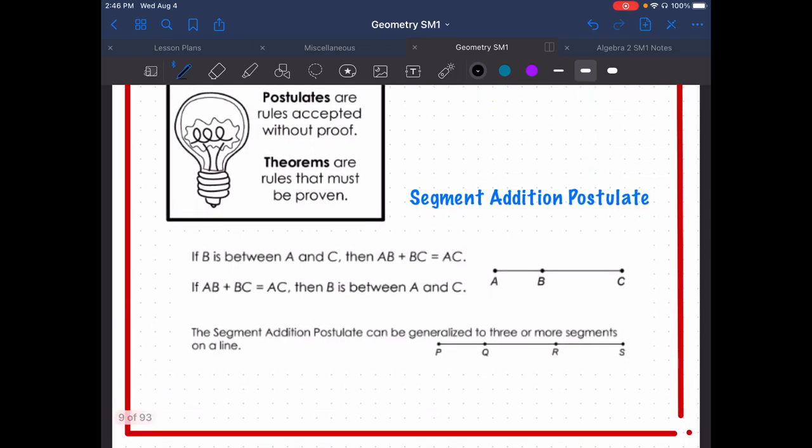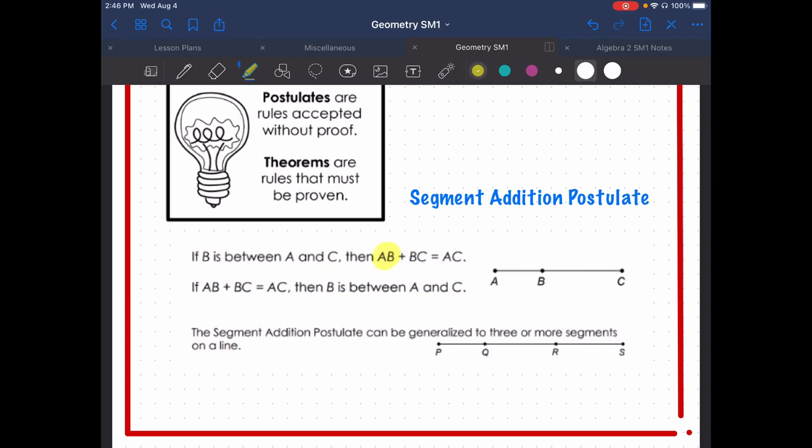This postulate says if B is between A and C, that's my picture right here, then AB plus BC is equal to AC. So let me go ahead and use color because I really believe that it's easier for you to see this.